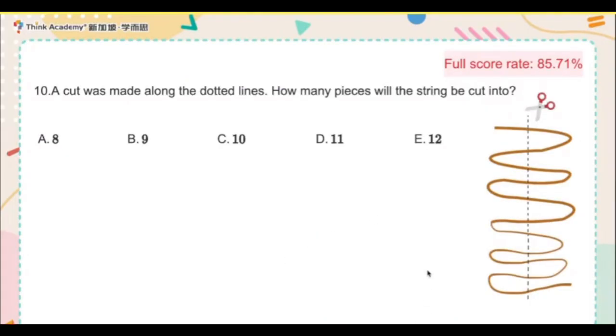Okay, so everyone, we can see this one. Let's read the question together. Okay, let's see. A cut was made along the dotted line.